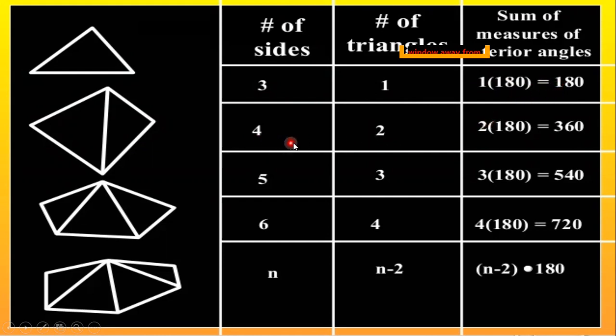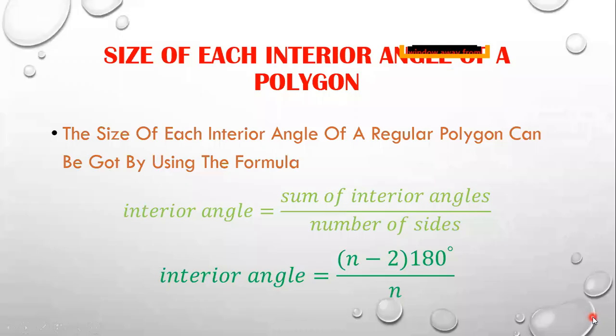If a polygon has 4 sides, of course, there are many polygons with 4 sides, for example rectangles, squares, parallelograms. So they form 2 triangles, and then the measure of the interior angles is 360. If the sides are 5, 3 triangles, 540. If the sides are 6, and so on. But the general formula is shown down here.